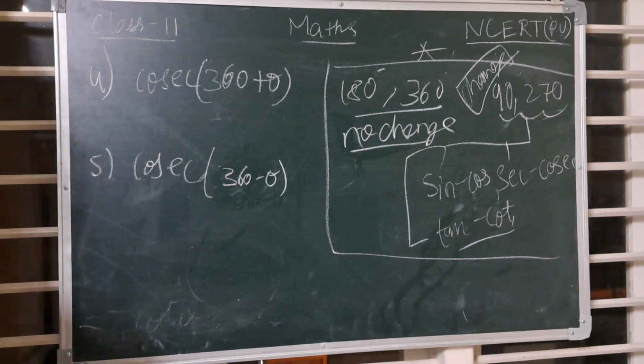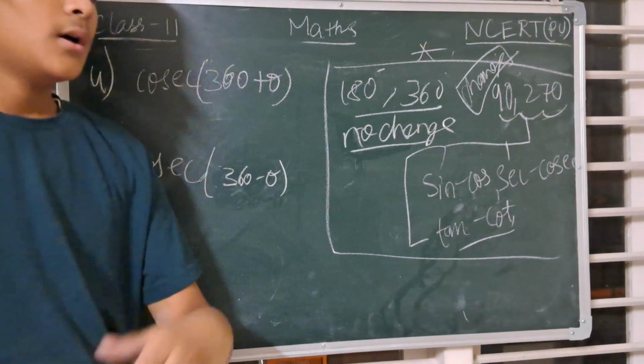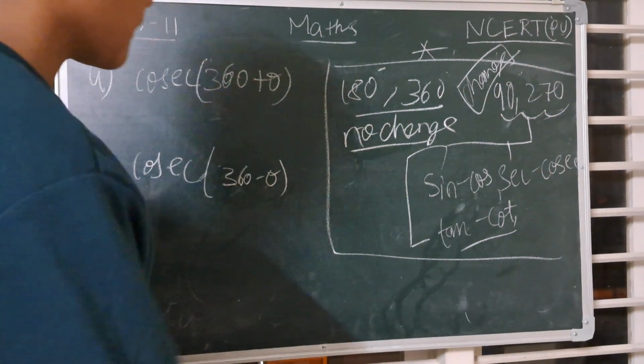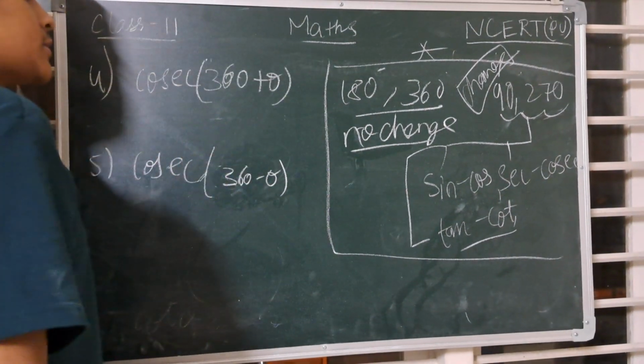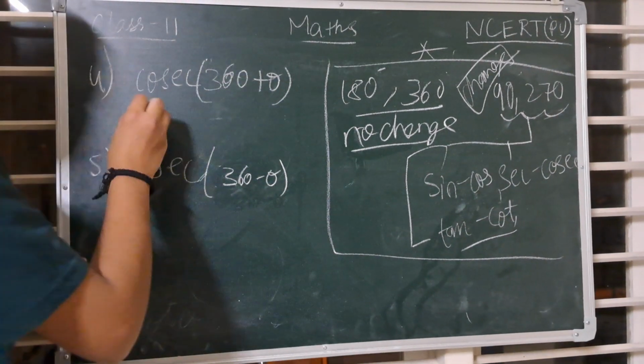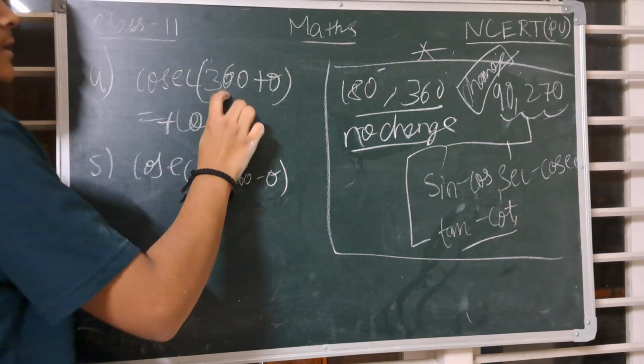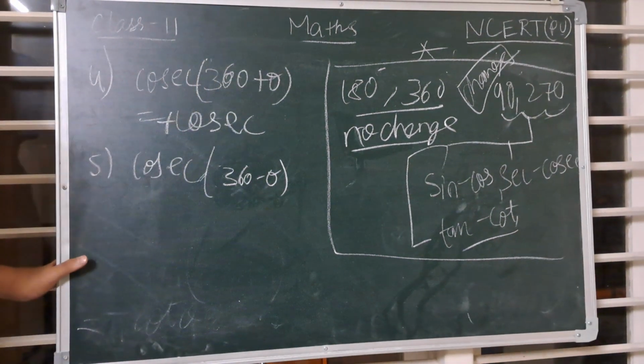So 360 plus theta means first quadrant. In the first quadrant, all the trigonometric ratios are positive. So we will get the answer as positive cosecant theta, because for 360 there is no change.